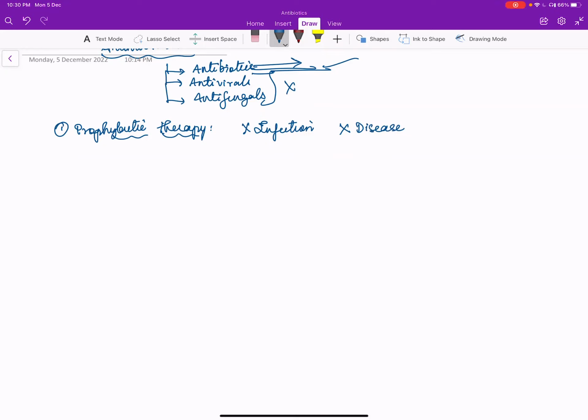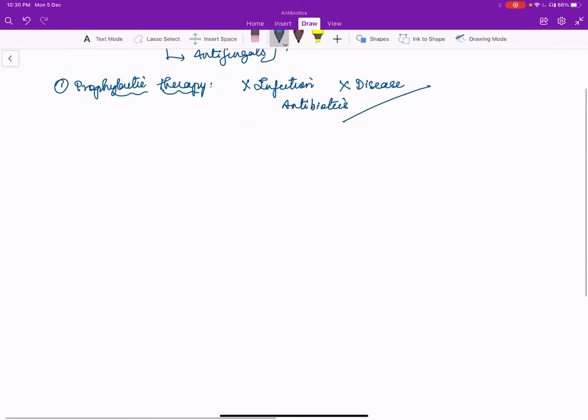For example, we are going to do a surgery for a particular patient. We suspect that he may develop an infection in due course because of the surgery, so we give one antibiotic to prevent occurrence of infection. It is called prophylactic therapy.